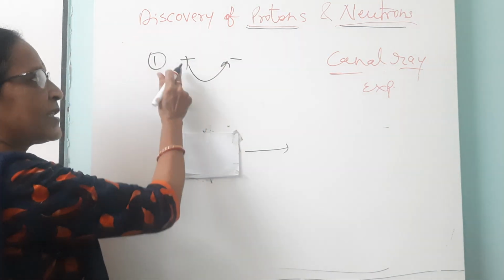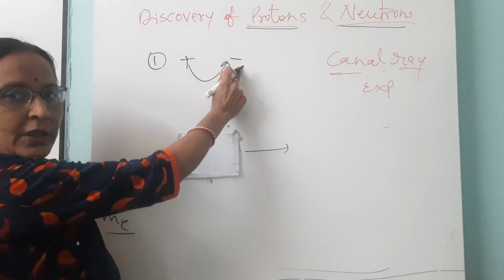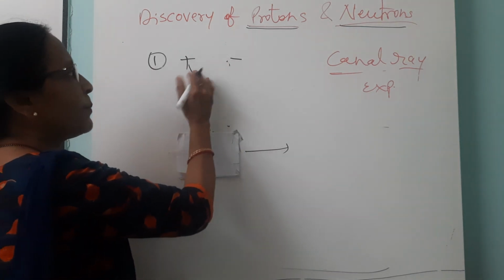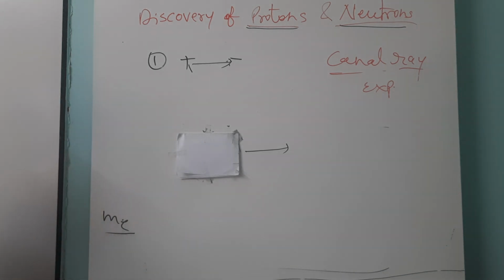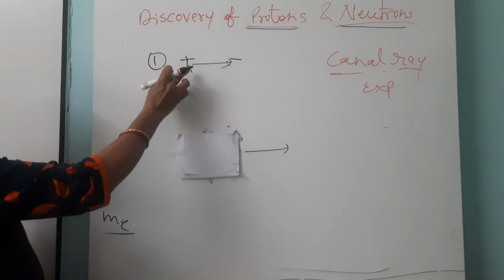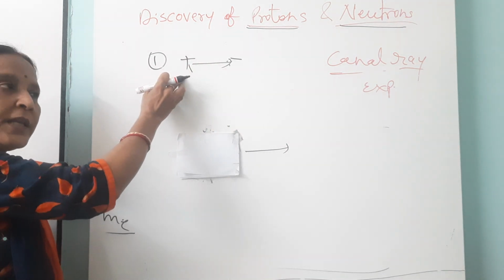Like cathode rays, they travel in a straight line. So we can say these are just oppositely charged particles compared to the electron.